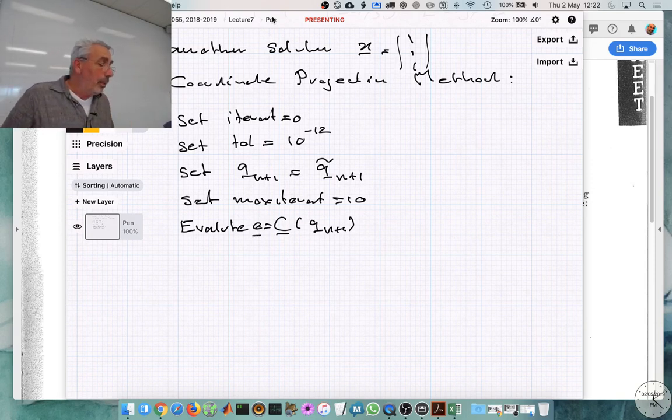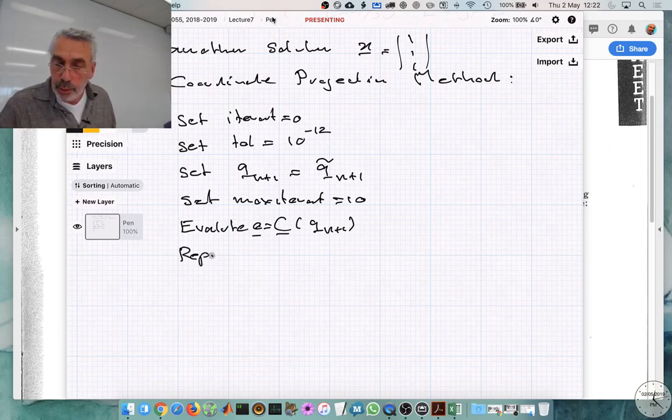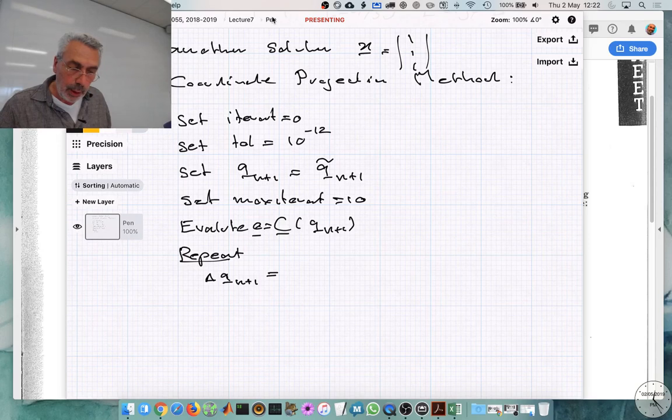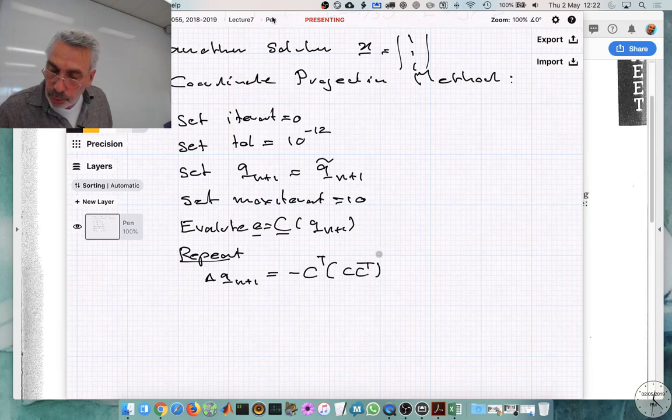Then we make a loop. We do a repeat until somewhere. And what is the repeat until? Well, let's calculate what the increment should be. Delta Qn plus 1 is minus C transpose times (C C transpose) to the power minus 1 times E. That's the thing we're going to calculate.